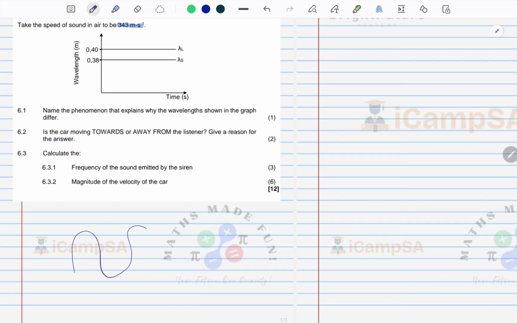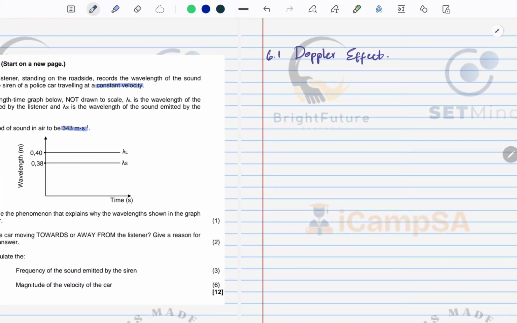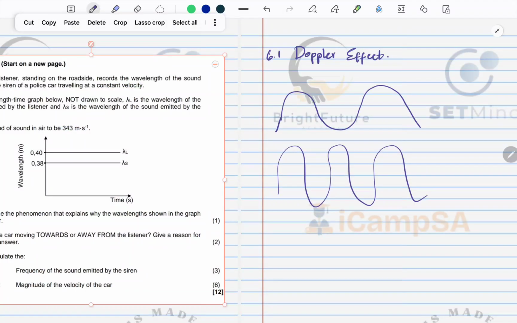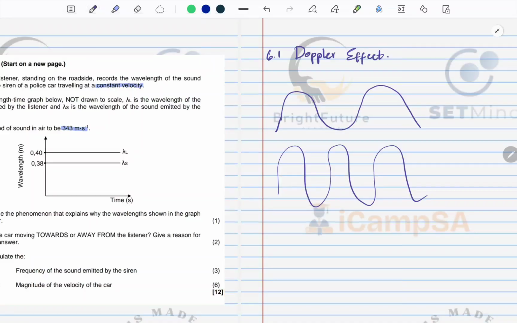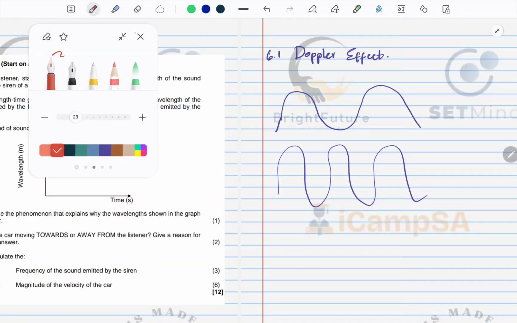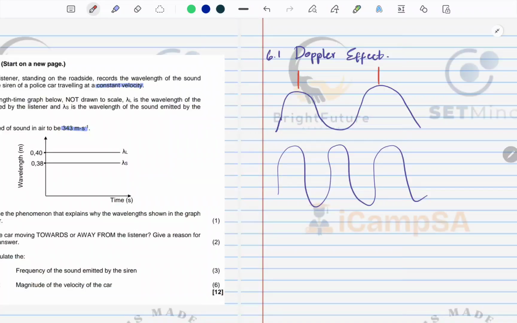Let's take an example. Let me draw it here. You've got this wave here, and then you've got this wave here. When we look at the wavelength of these two waves, you've got this big wavelength, and a big wavelength means less frequency.